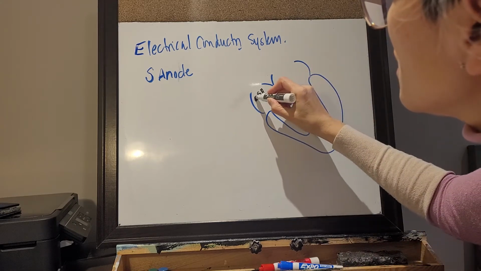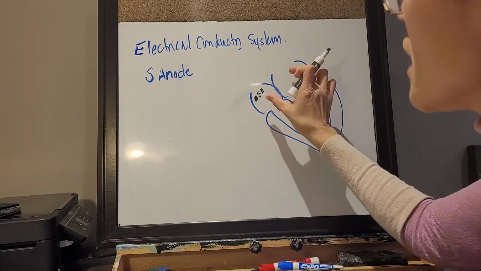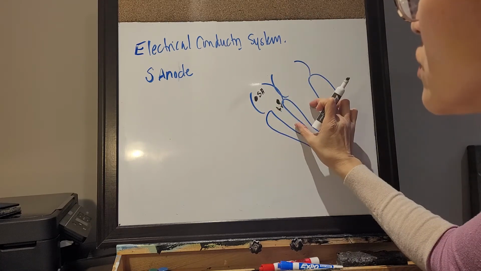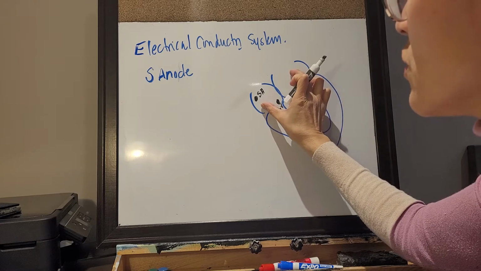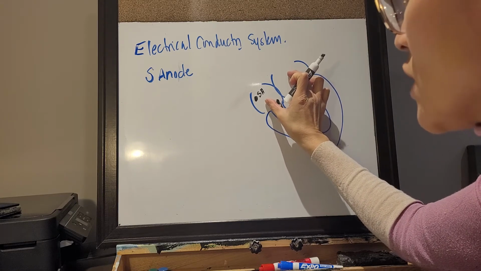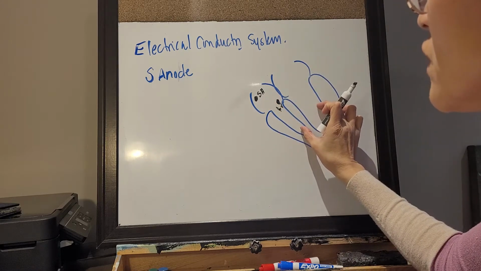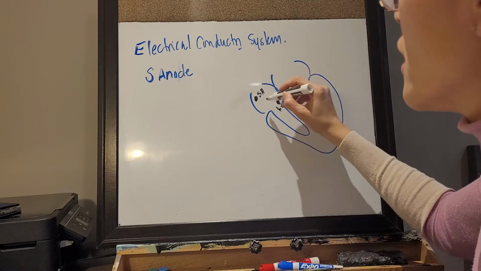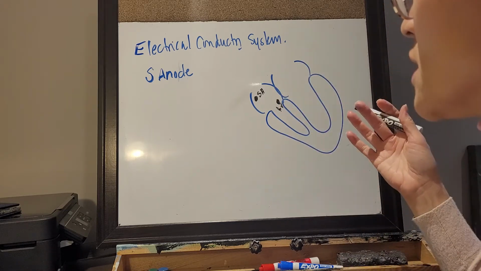When this stimulates, we want the atrium to contract first before the ventricle, so we want to take advantage of atrial kick. We want these to depolarize first, and then to have contraction to push blood into the ventricle just before the large ventricles contract. So the atria need to depolarize at the same time.